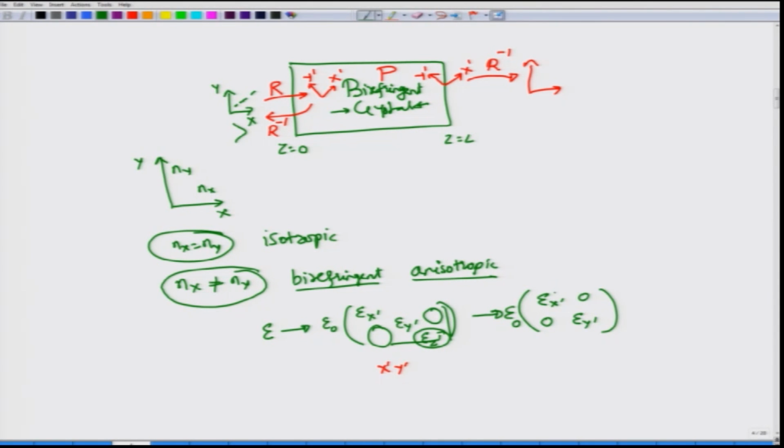And of course, epsilon x prime is actually n x prime squared, because the relative permittivity is given by the square of the refractive index.